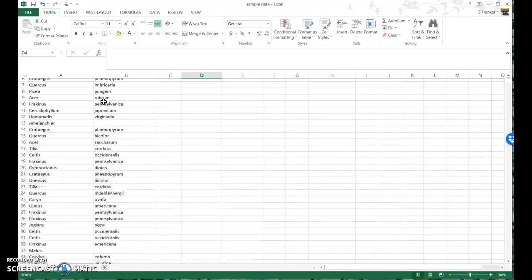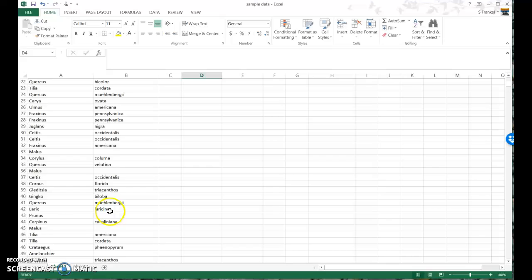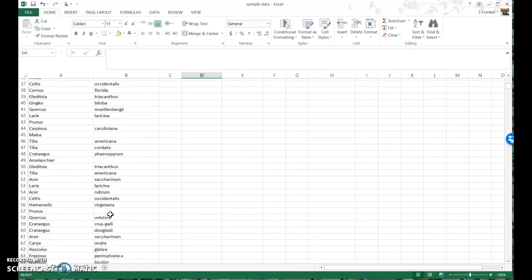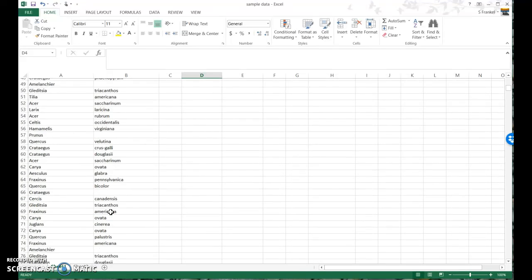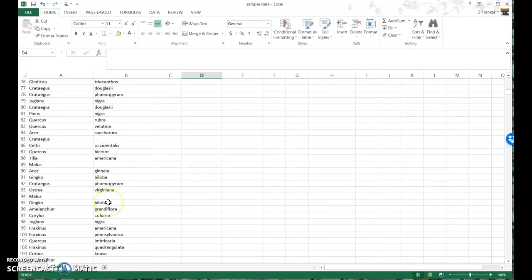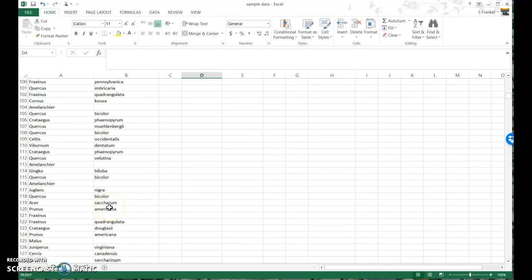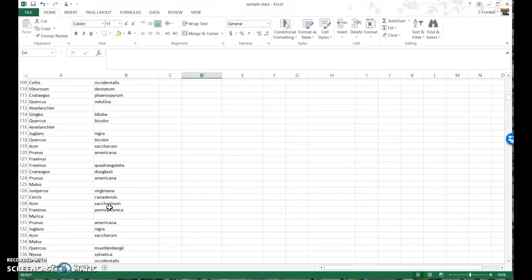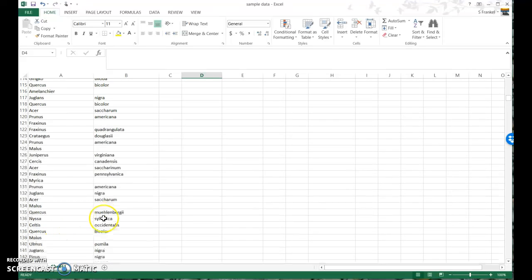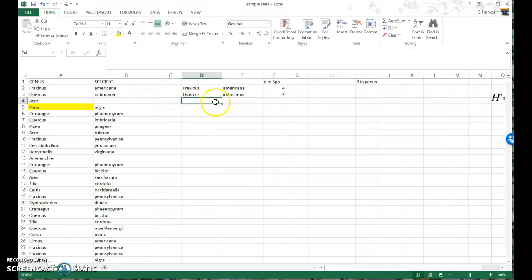So I've got 1 of those. Just the 1. So this is Acer with no species name. I have 1 of those.